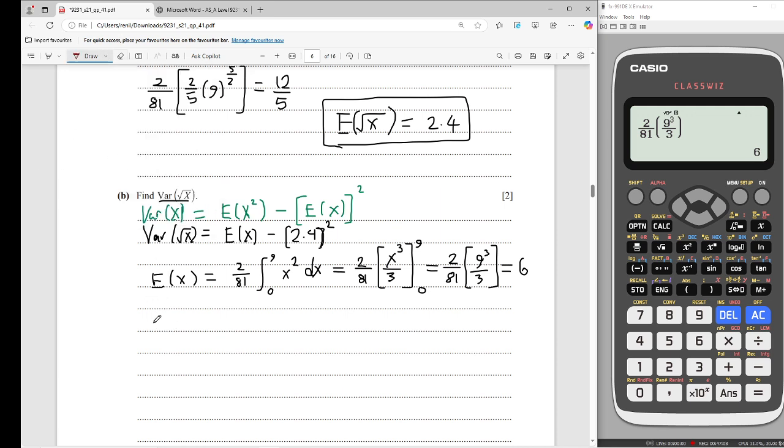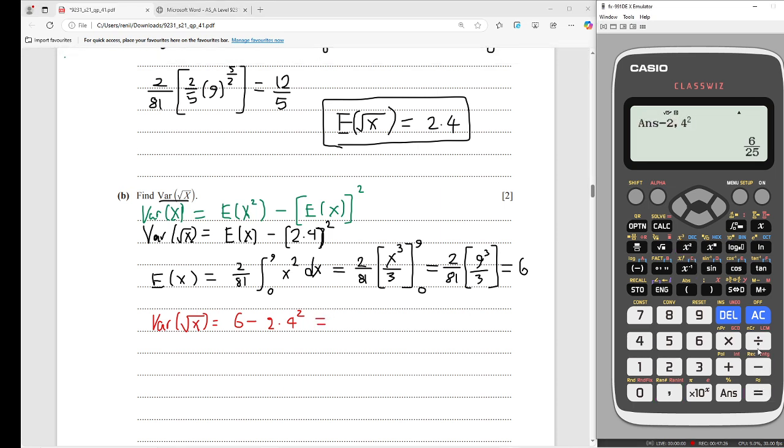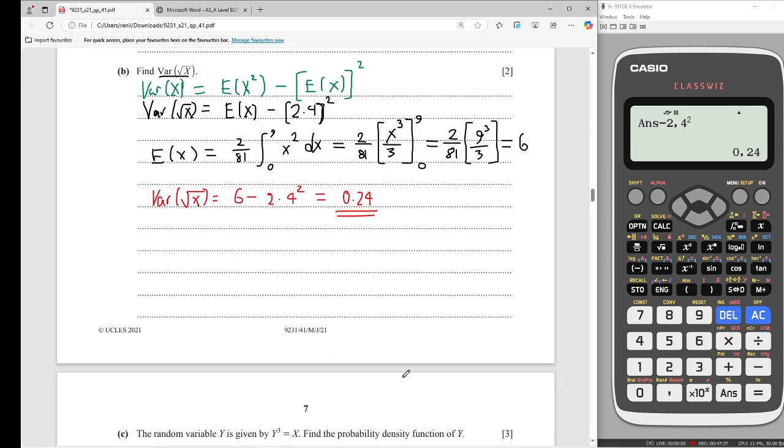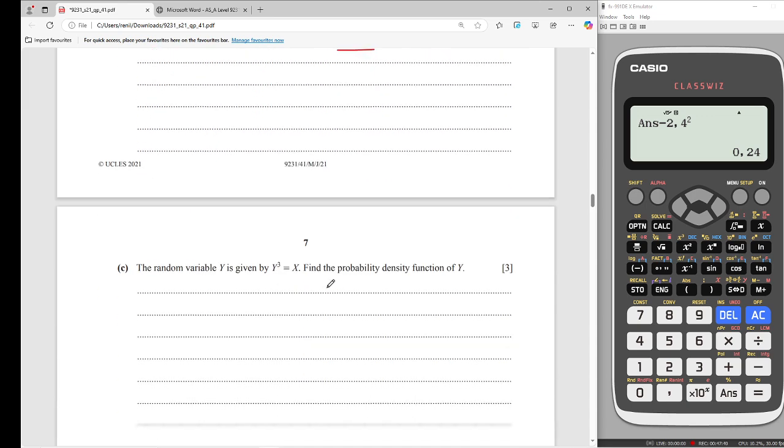So here the variance of root x is equal to 6 minus 2.4 squared, which is equal to 6 by 25, which is 0.24. That's our variance answer. Yeah, that should be it.